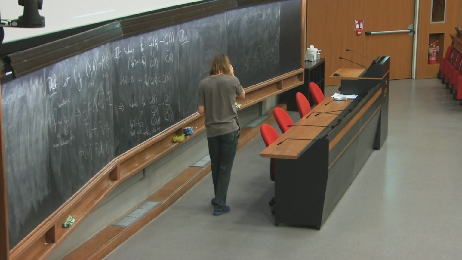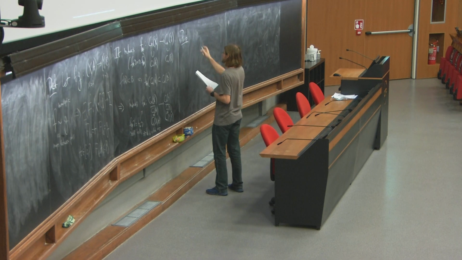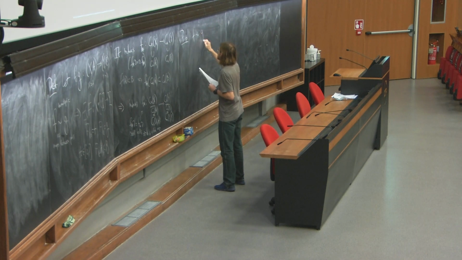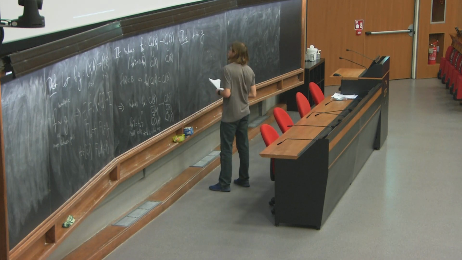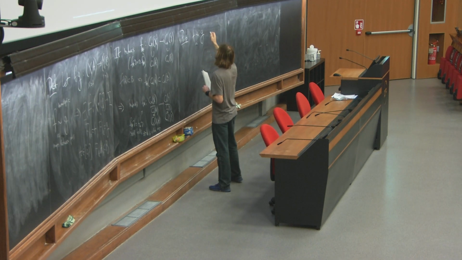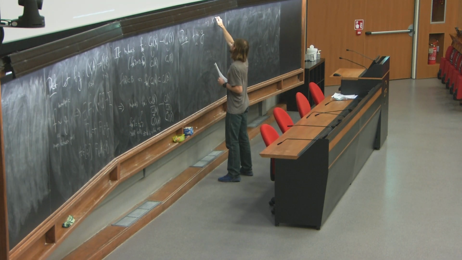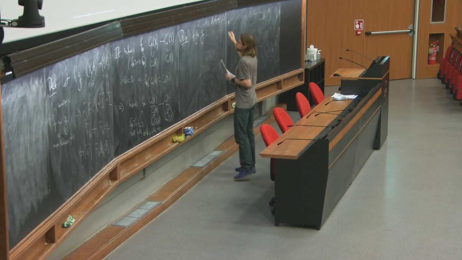Okay, now we are ready to state the following proposition about invariance of the relative homology group with respect to homotopy, analogous to the case of non-relative homology groups. Let F and G be a pair of maps between pairs of topological spaces (X, A) and (Y, B), so as before.